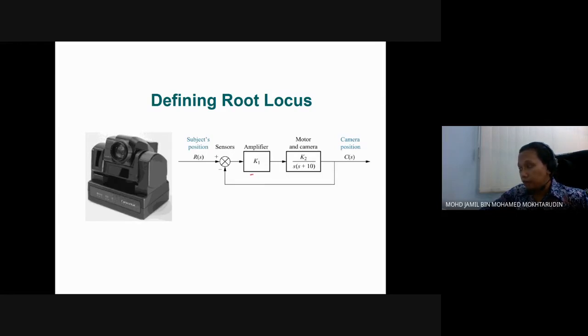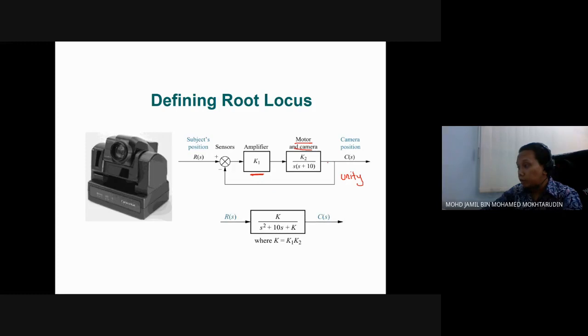For example, you have amplifier K1, and also a motor and camera. The transfer function of the motor and camera is given by K2 divided by S times S plus 10. And it's a unity feedback system. So this feedback, we call it unity.